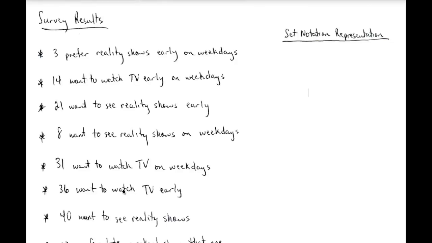If we scroll here, we'll see that we have 3 people that prefer reality shows early on the weekend. So that means they want to watch reality shows, they want to watch it early, and they want to watch it on the weekend.